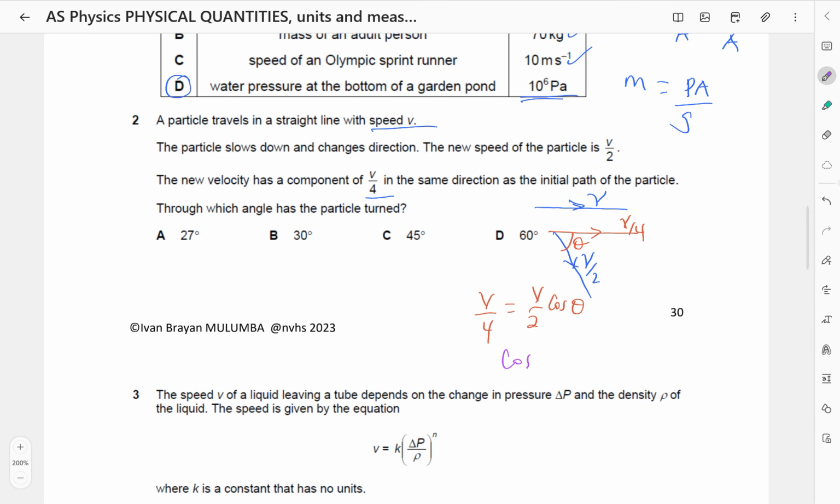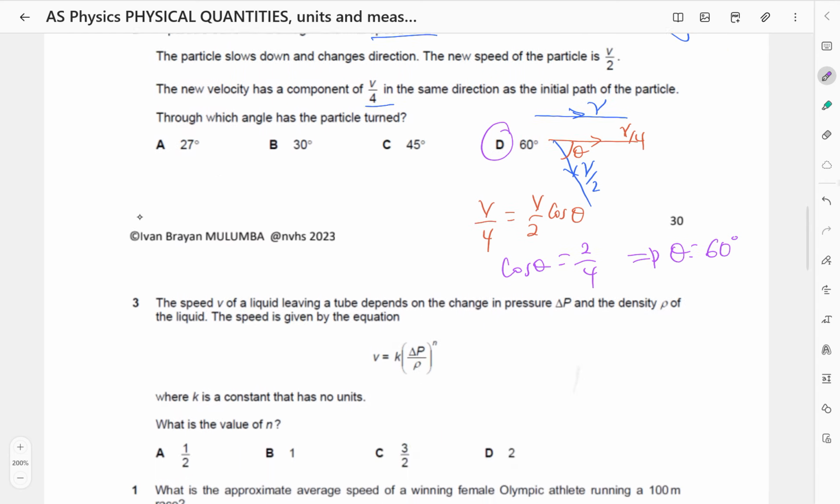It means cos theta is going to be equal to 2 over 4, which means when I press my calculator, theta is going to be equal to 60 degrees, because cos theta is equal to a half, and the cos inverse is going to be 60 degrees. So it means our answer is going to be D. It has turned through an angle of 60 degrees.